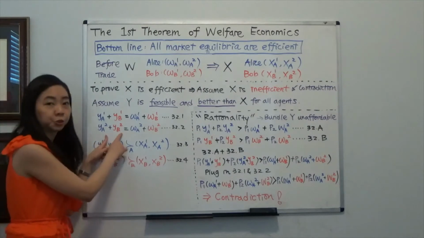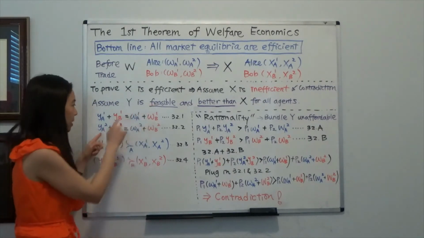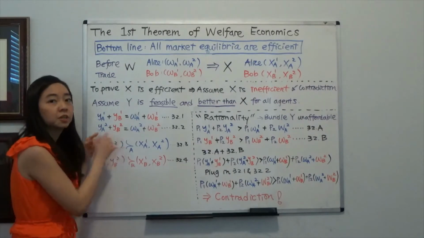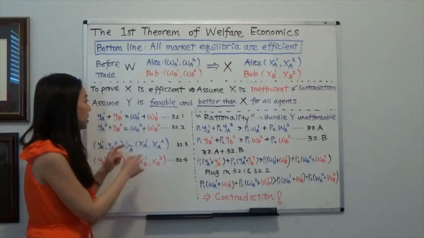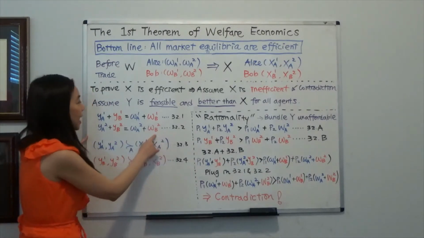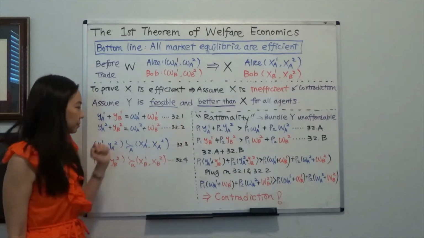And also for good 2, if you sum up Alice and Bob's new allocation Y, you sum up the good 2, you're going to get the initial endowment of good 2. So that is feasibility. And I call that equation 32.1 and 32.2.